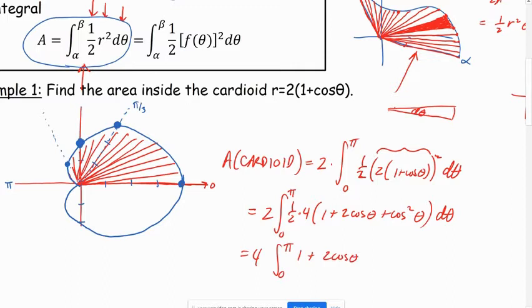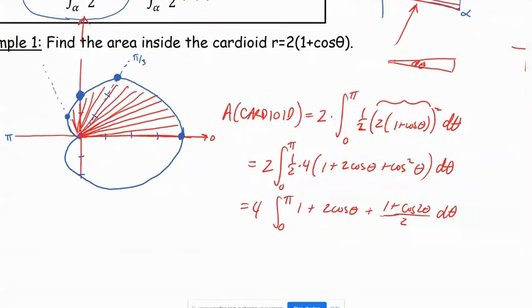And then let's see, cosine squared we can write as 1 plus cosine of 2 theta over 2 d theta. And that way we can find the antiderivative. So I just replaced the cosine squared with 1 plus cosine 2 theta over 2.